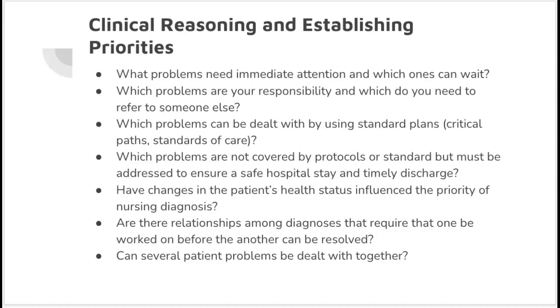And sometimes you can deal with several patient problems in one. So these are some things that you would look for while you're doing your clinical reasoning and trying to prioritize exactly what you want to do.